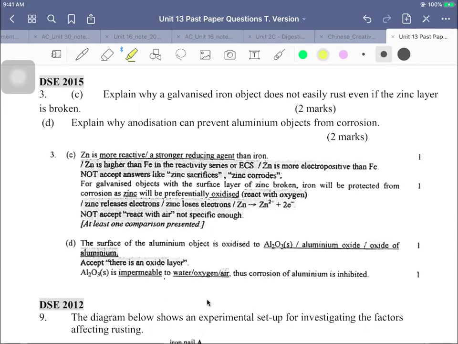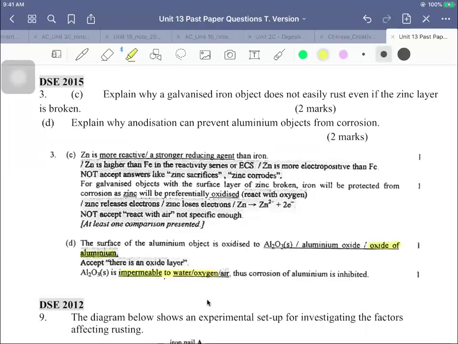Okay, so this one, I think most of you get it. And then why anodization can prevent aluminum objects from corroding. Again, I'm looking for the keywords that it has an aluminum oxide layer. Okay, remember to write the keywords. And also, it's impermeable to water and oxygen. Okay, remember to use scientific language.